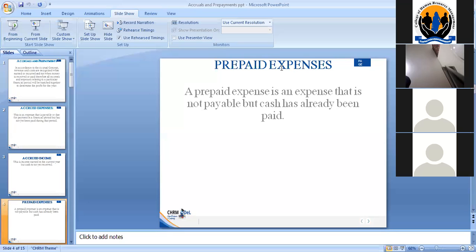That is still, to Susan, it's like a debt, because I can decide and say, maybe Susan, can you give me that rent first? I sort out some things, and then I'm going to give you when December comes. So it's like you owe money to that particular person who has paid you before the date for payment has come. So prepaid income, you have received money from somebody, but the time for receiving it has not come. So you need to note that.